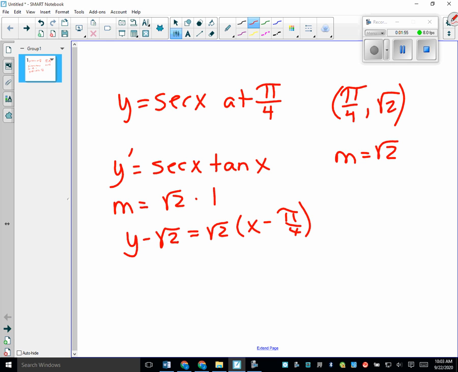No. Isn't it y equals radical 2x minus radical 2 times pi over 4 plus radical 2? So the radical 2's don't cancel out? No, because this one is times and that one is plus. So you just put this in your calculator? Okay. And actually, radical 2 is 1.414.